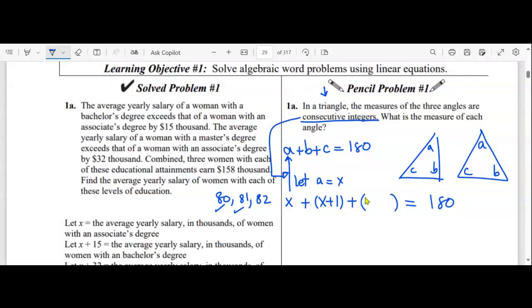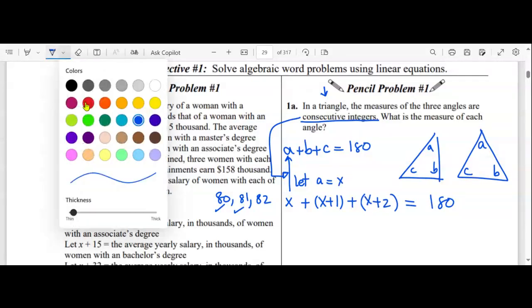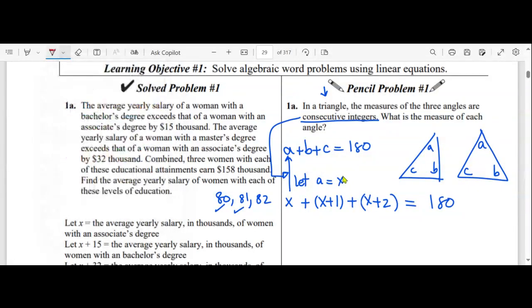Is this clear? I don't know the angle, so I replace the angle by X. He said the three angles are consecutive. Consecutive means they are after each other, right? So the first angle is X, the second angle will be X plus 1, the third angle will be X plus 2. That's it.